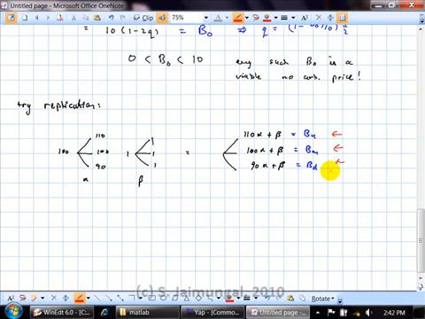And because there is no replication to construct the value of that extra claim, it means that extra claim is actually a fundamentally new asset. Unlike when there are only 2 outcomes, the extra asset that you throw into the mix is not fundamentally a new asset because you can build it out of the other 2. In the case when there are only 2 outcomes, you can take a combination of those 2 to make that third thing.